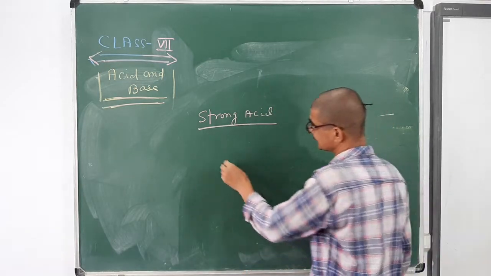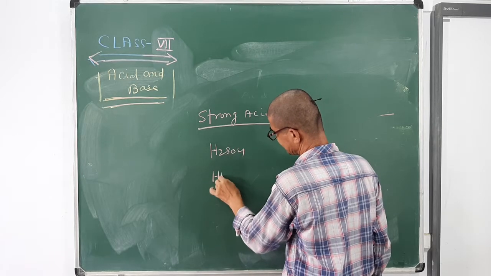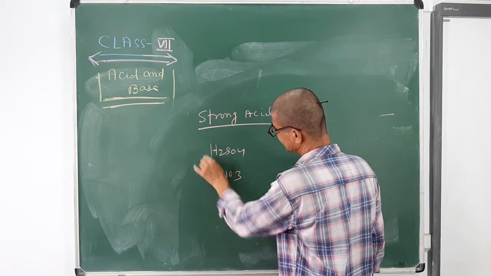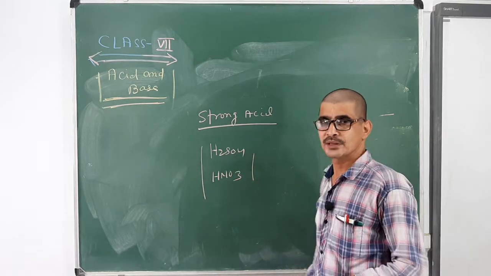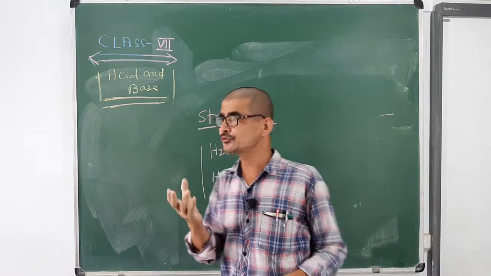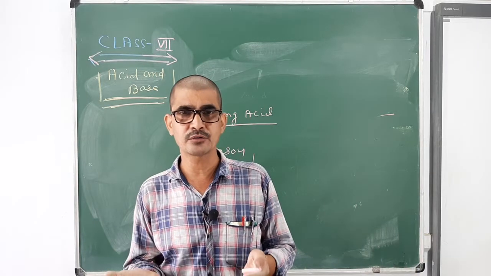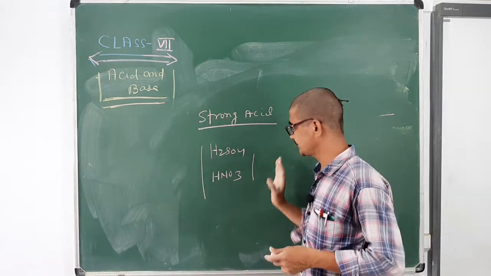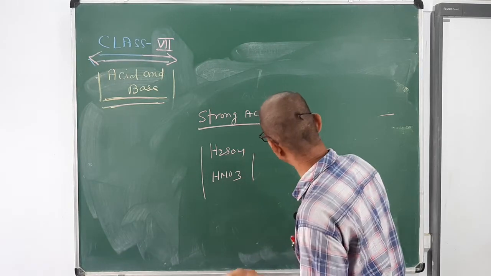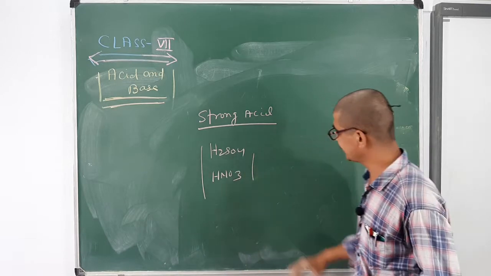For example, sulfuric acid, nitric acid, these are strong acids. Because when the acid dissociates in aqueous solution, it completely dissociates and gives a large number of hydrogen ions, that is called a strong acid. Now it is also called a mineral acid or inorganic acid.